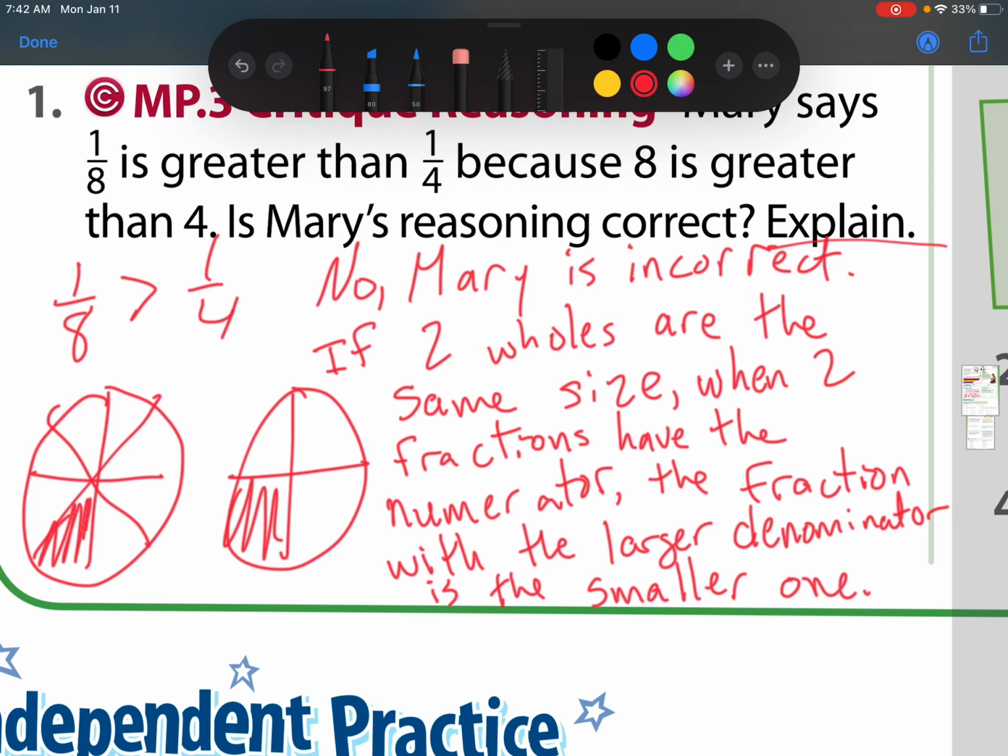And why is that? Well, here we have 8 pieces, and so we're breaking up into 8 pieces, which means that each piece is smaller.